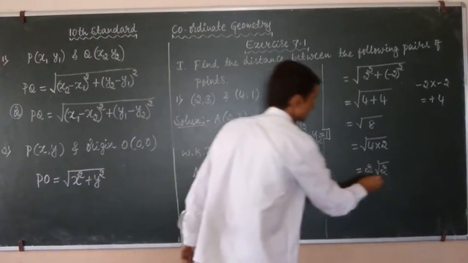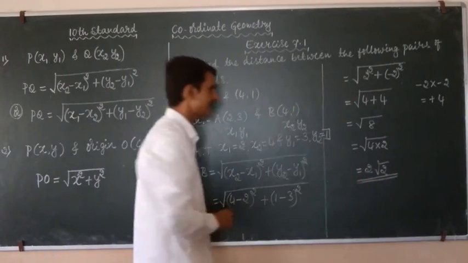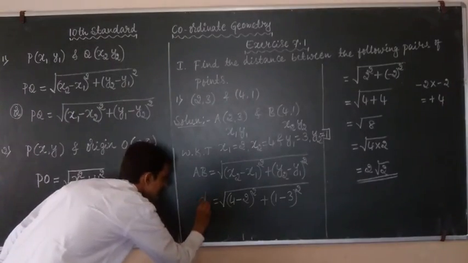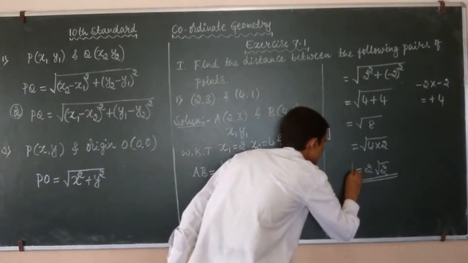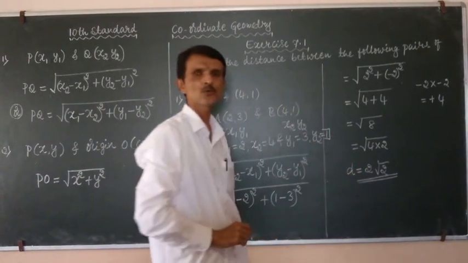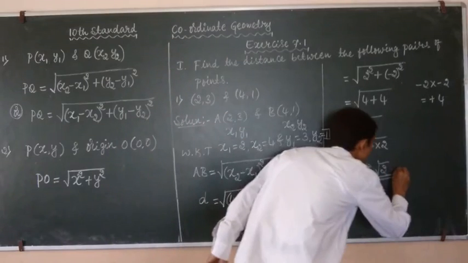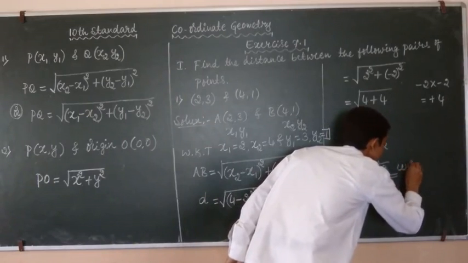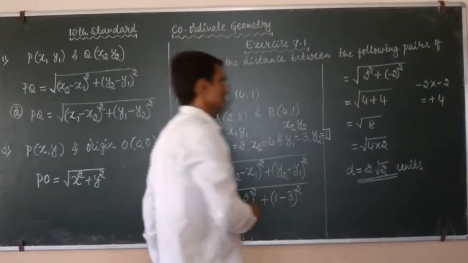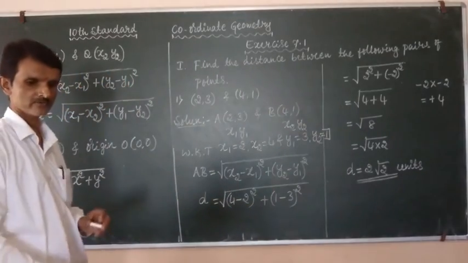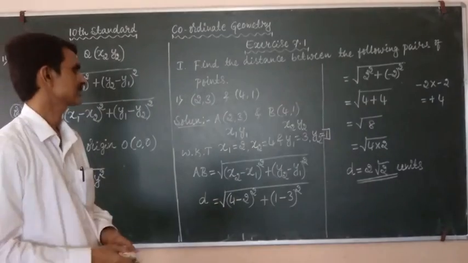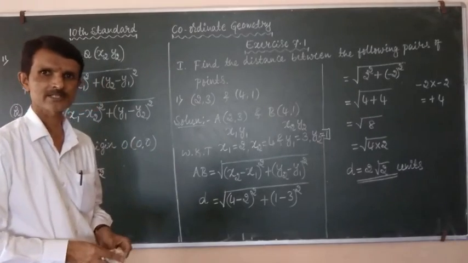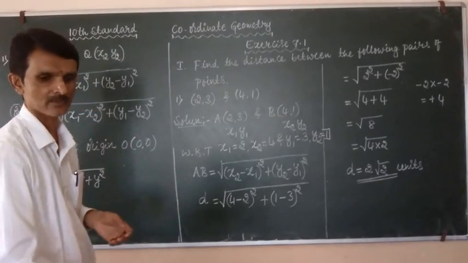So the distance between the points A and B, or call this D, equals 2 root 2 units. So this is how we calculate the distance between any two points. Okay, students, shall we see the next problem.